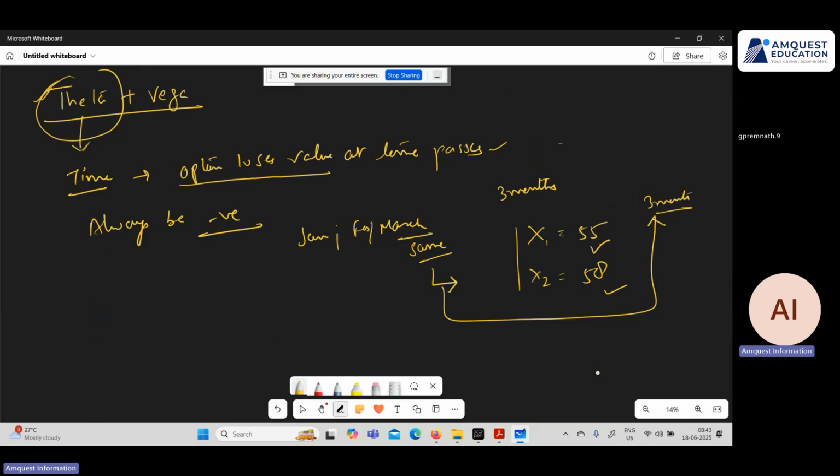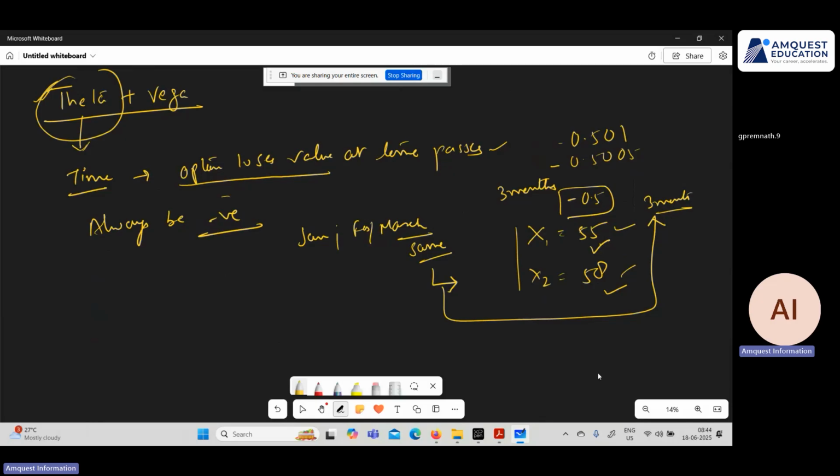If the theta is minus 0.5, let's say, it could be 0.501 for this, or maybe 0.5005 for this, just random values. But it is going to be very different when the expiration is different. So you can say closely that theta is the same for different strike prices, but for different time horizons, it is very, very different.